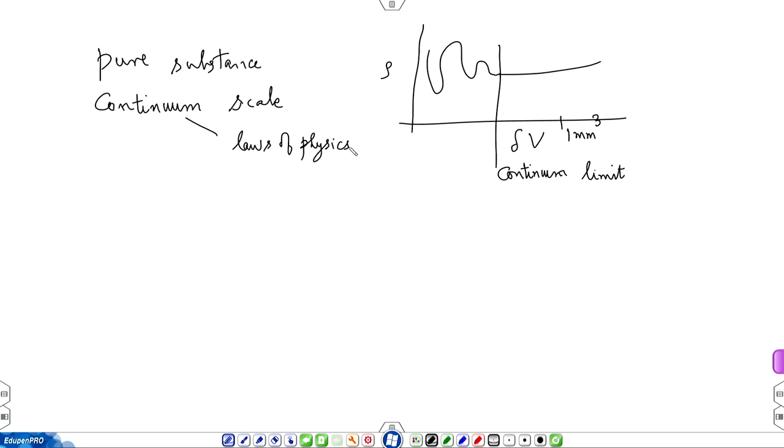So, at our scale we are able to define density. So, what are these laws of physics that are perceptible at the macro scale or the human scale or the continuum scale? These are the conservation of mass.